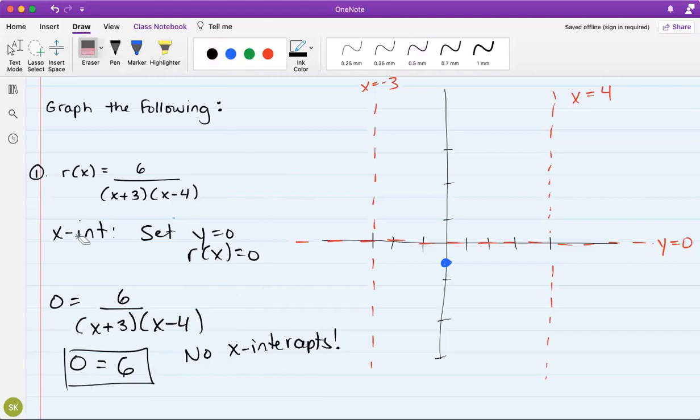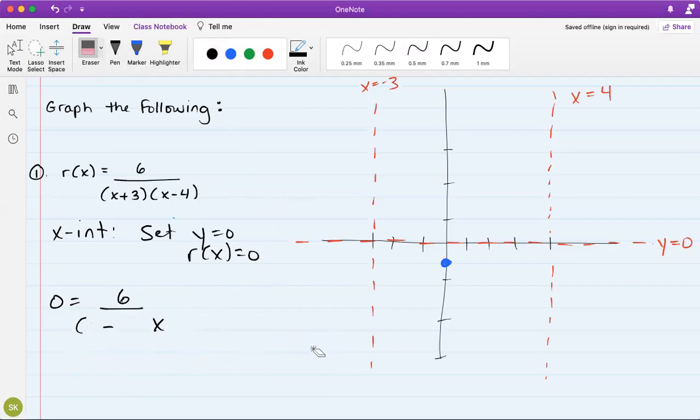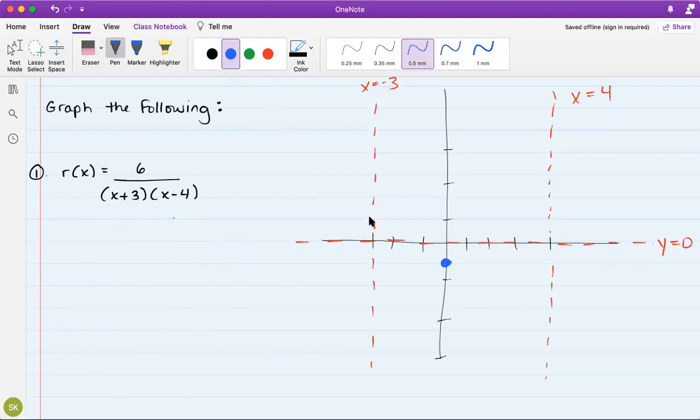So what does that mean for us? That means we do not cross this x-axis here. This line y is equal to 0, we don't cross it. Because if we crossed it, then we would have x-intercepts. So we need to keep that in mind when we draw our function. Now let's think about what's going to happen. Remember that the line here, this horizontal asymptote, determines end behavior.